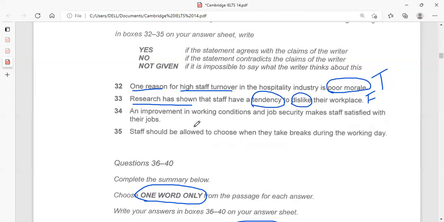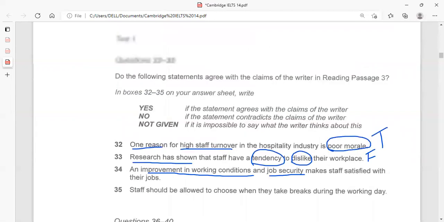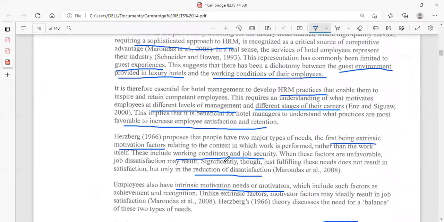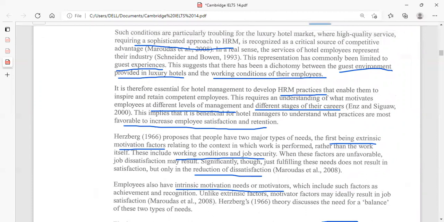An improvement in working conditions and job security makes staff satisfied with their jobs. So, improvement in working conditions and job security. Where is the textual evidence? Extrinsic motivation factors. See, working conditions and job security. But look at this sentence: significantly though, just fulfilling these needs does not result in satisfaction, but only the reduction of dissatisfaction, which means there are many other factors also.